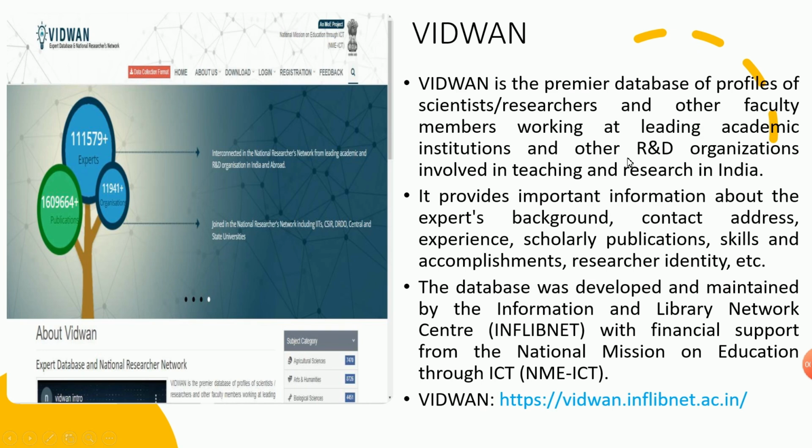Then we can gain information about them so that we can communicate with them. This is not providing any articles. Here they are providing the profile data about scientists, researchers and other faculty members working in R&D organizations. So their expertise, background, contact address, experiences, scholarly publications, everything would be available here.